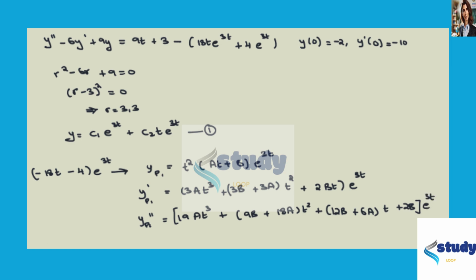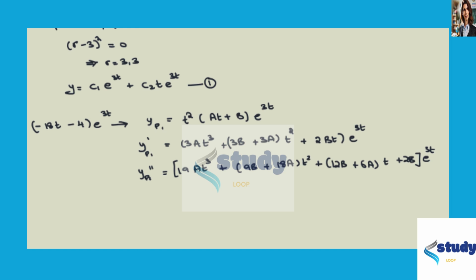Now substituting this in the given differential equation and simplifying, we obtain 6a t e^(3t) + 2b e^(3t) equals (-18t - 4) multiplied with e^(3t).